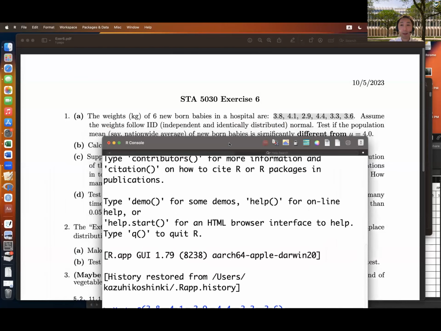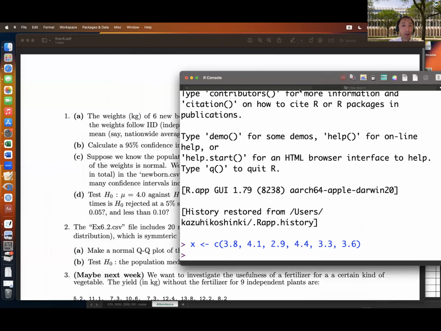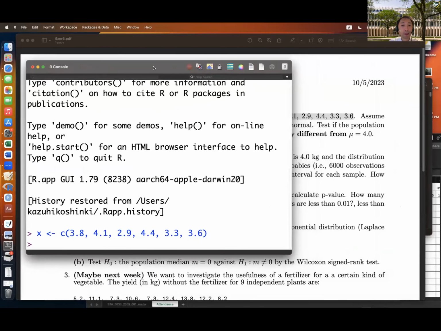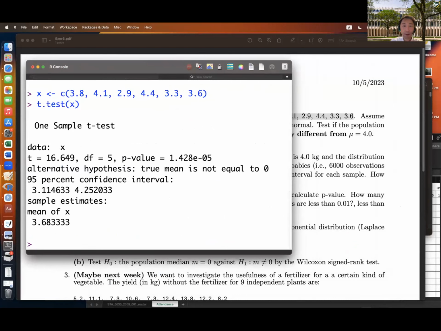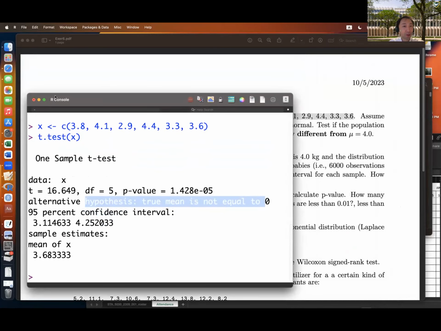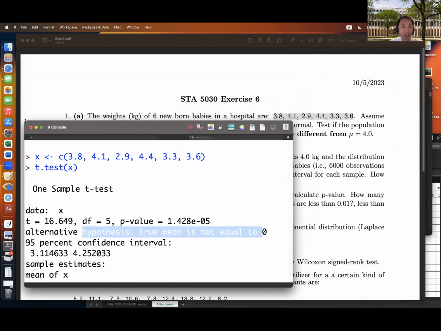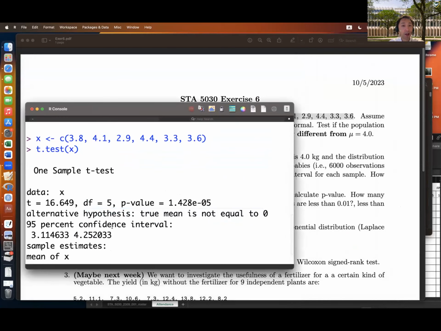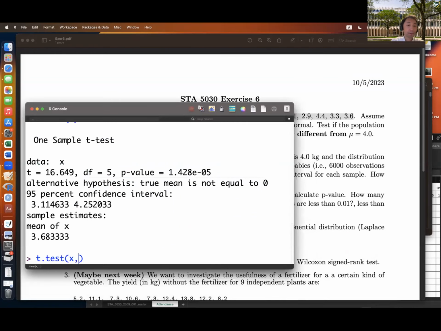We are assuming this has a normal distribution, so we can do a t-test. But if you just put the x here, then this basically tests if the mean is 0. That does not make any sense because these numbers are weights of newborn babies, so of course they are larger than 0. So we want to set the alternative hypothesis as mu is not equal to 4. So we have to put it in this way.